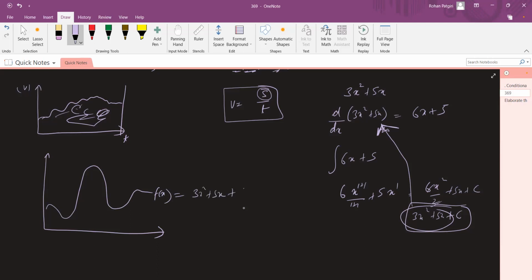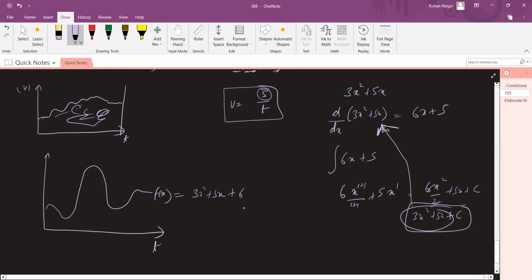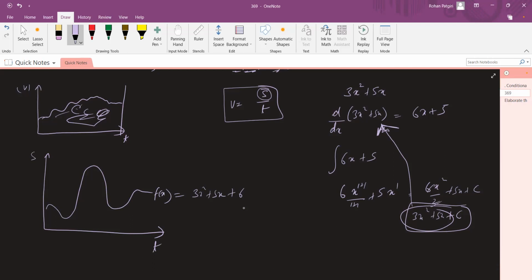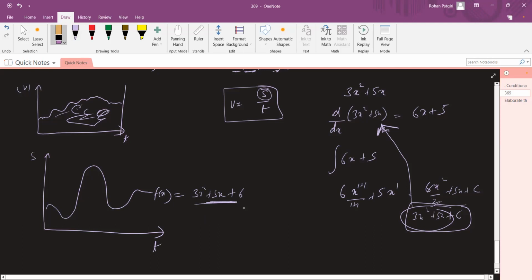Suppose this represents the time and speed, a speed-time graph, and someone asks which is the top speed of the car. Graphically, we can see that this is the top velocity.